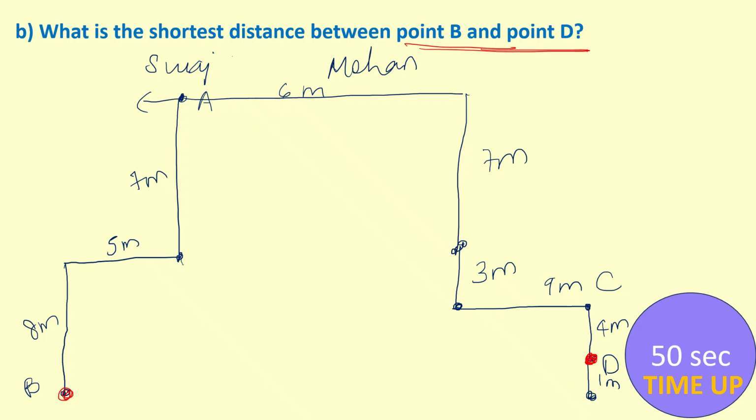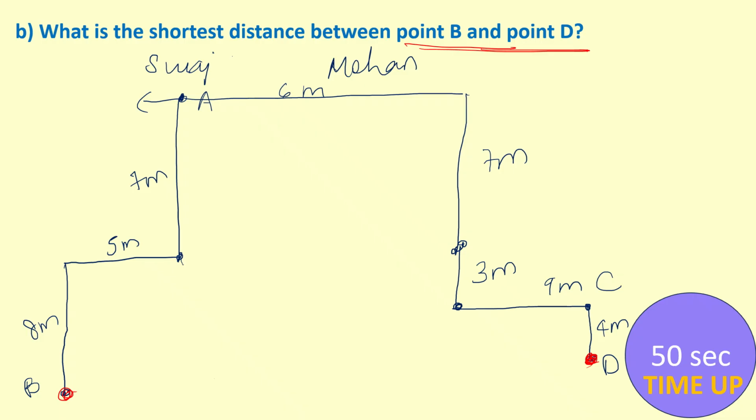Okay, so if I draw something like this, get a hypotenuse. See carefully, okay? Actually, this is not required. That 1 meter is not required because it is for that question only.